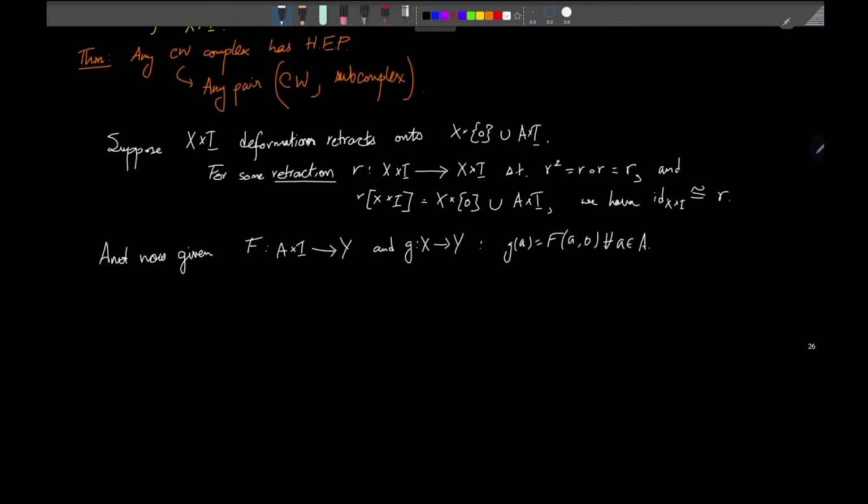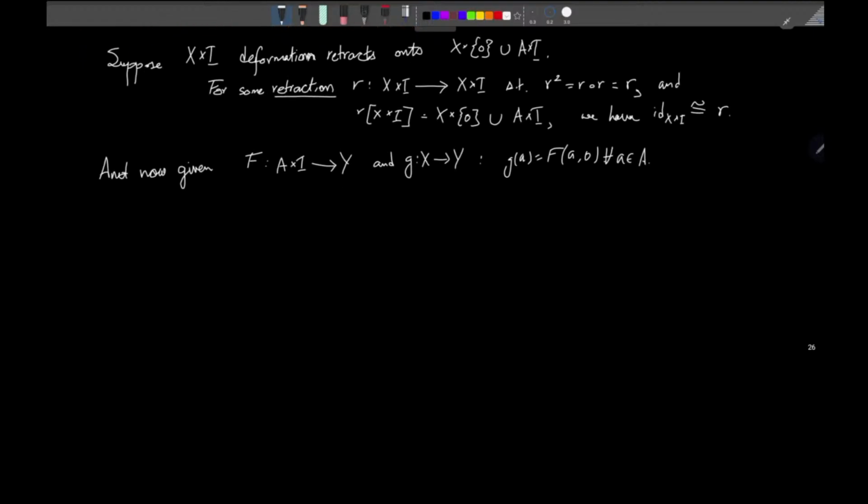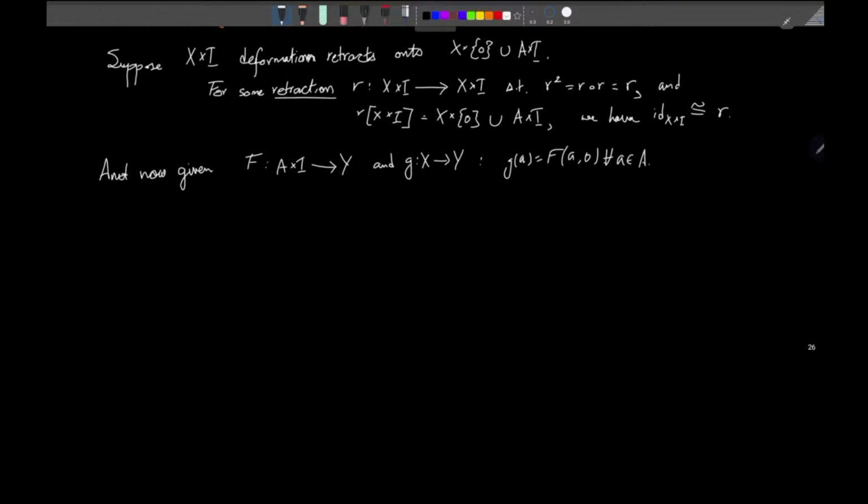Now given this, what can we do? How do you construct a homotopy from here to here? So this is your space.